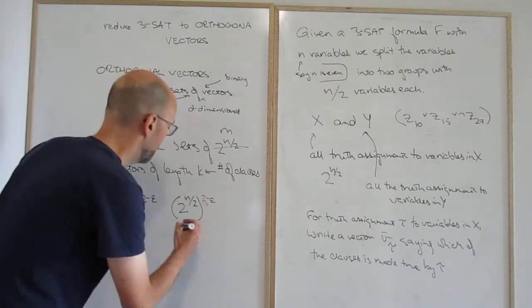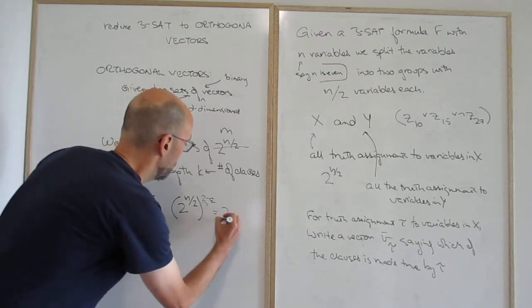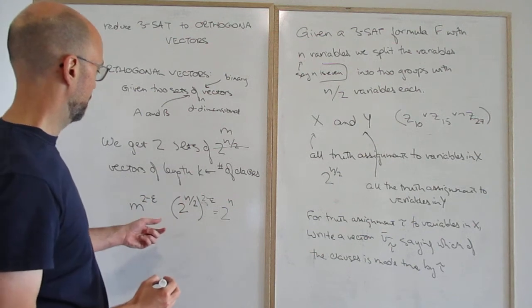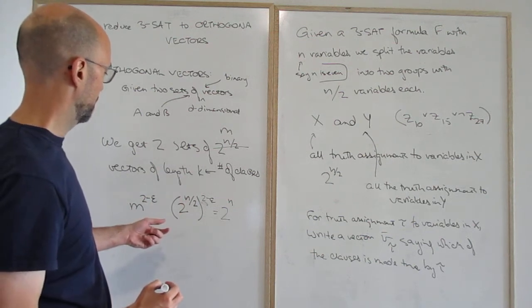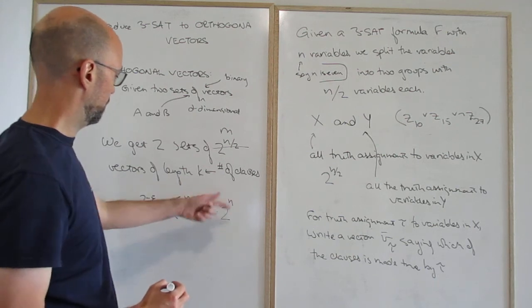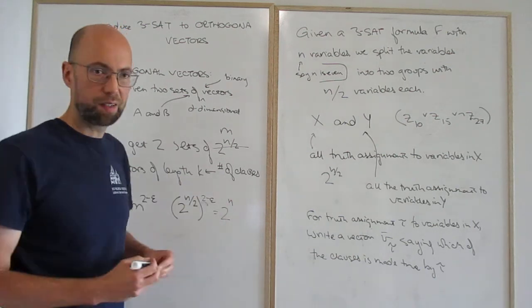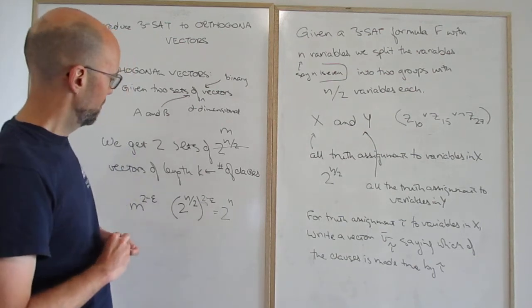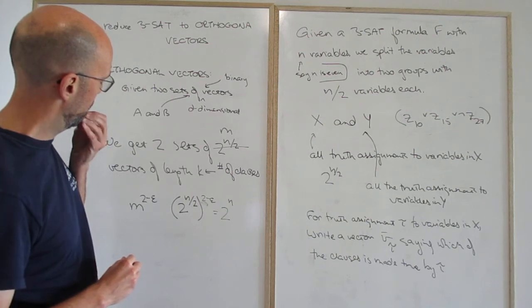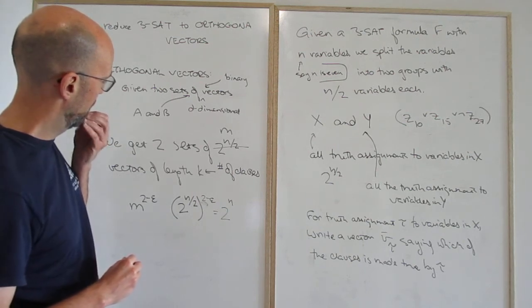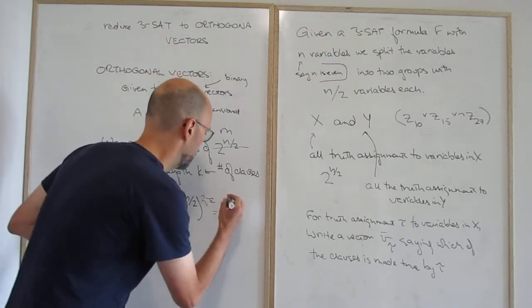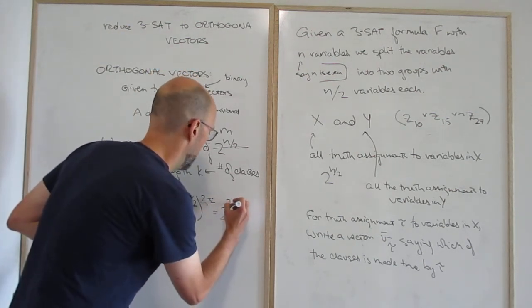And what is this? This is 2 to the n, minus something times epsilon times n.